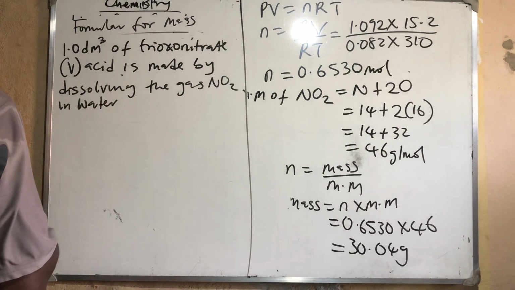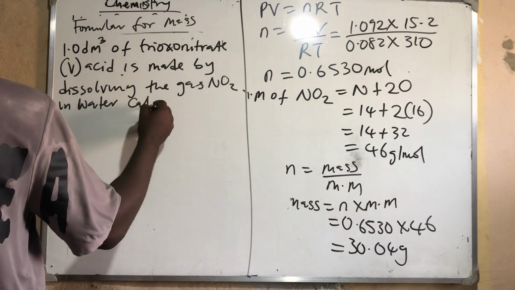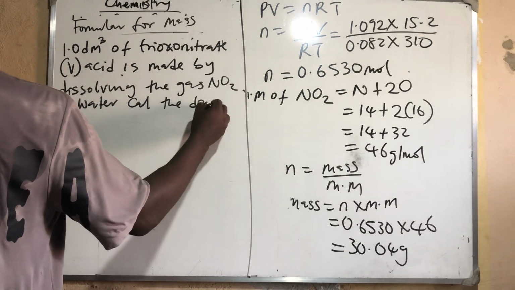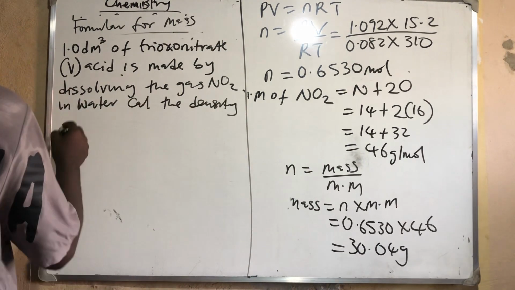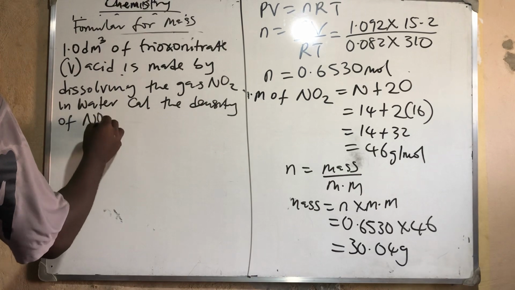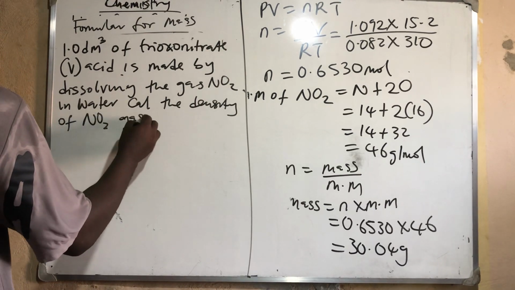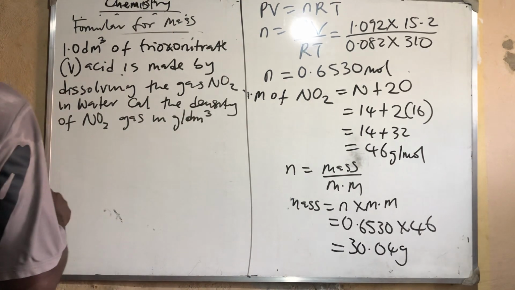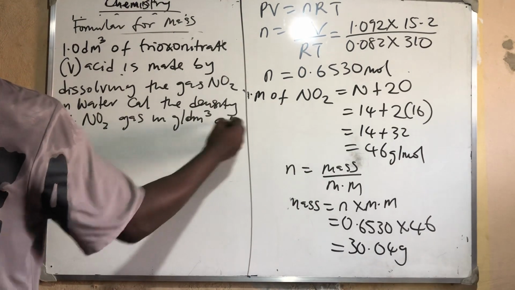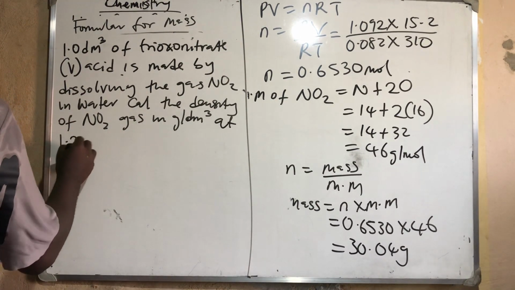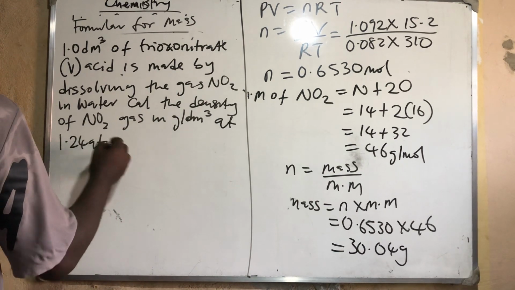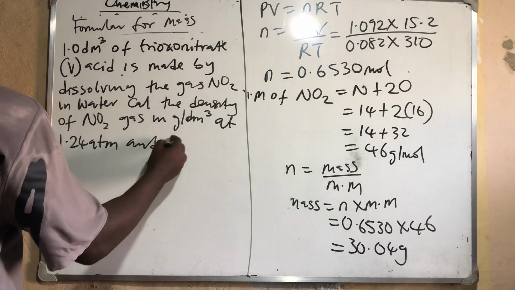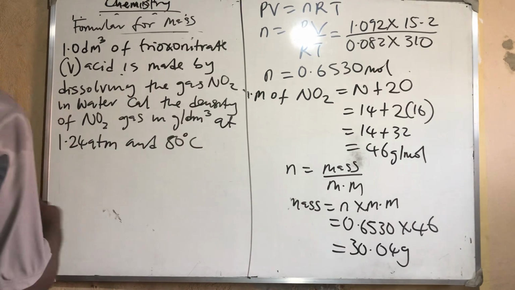Calculate the density of NO2 gas in grams per dm cube at 1.24 atm and 50 degrees Celsius.